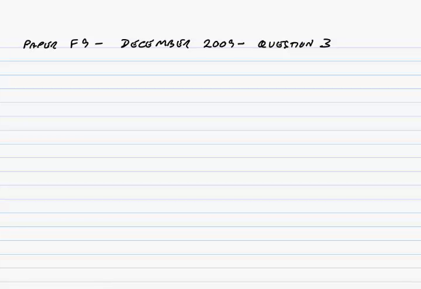Part C, 4 marks. Explain the difference between transaction risk and translation risk, illustrating your answer using the information provided. We've got to illustrate using the information provided, but the basic difference is very textbook, so it's something you should have learned. And finally, part D, the 6-month forward rate, the 12-month forward rate.